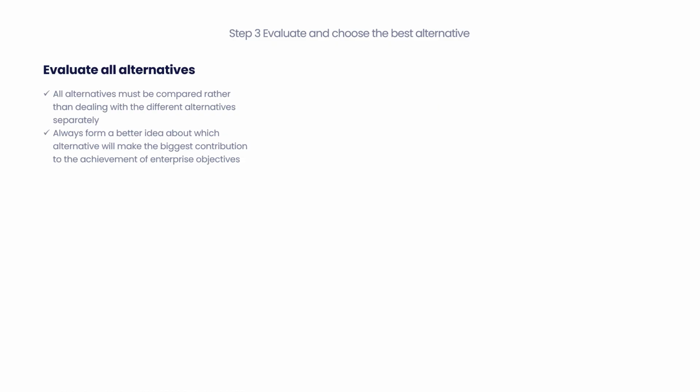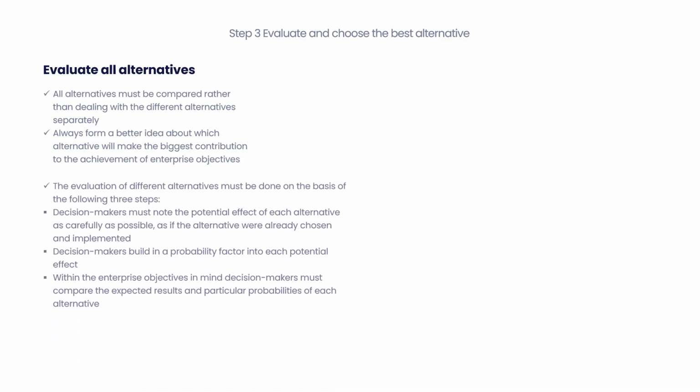Always form a better idea about which alternative will make the biggest contribution to the achievement of enterprise objectives. So keep in mind the objectives of the company. Remember, this is not about you, it's not personal, it's about the company. You are just filling a position, so you are helping the company.